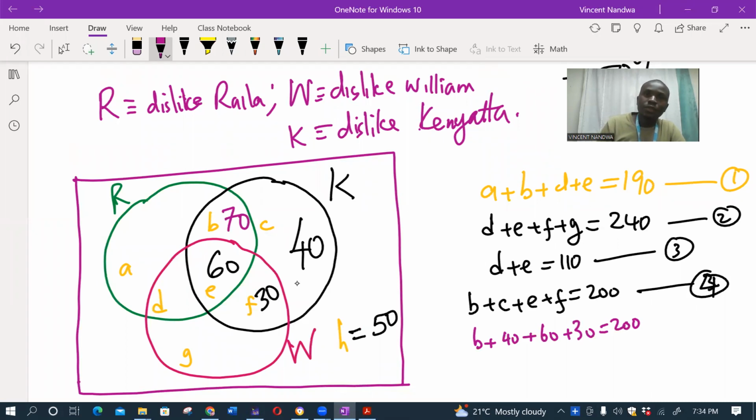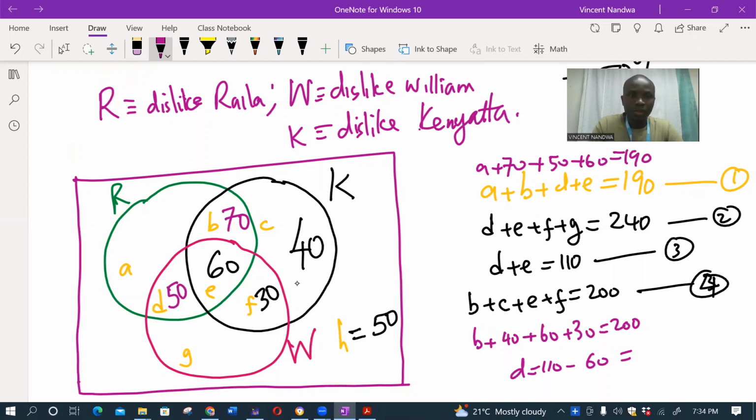Then D plus E should be 110, but E is 60. So D will be 110 minus 60, which is 50. Now A plus B, which is 70, plus D, which is 50, plus E, which is 60, should be 190. So 70 plus 50 plus 60 is 180. From 190 is 10. So A is 10.